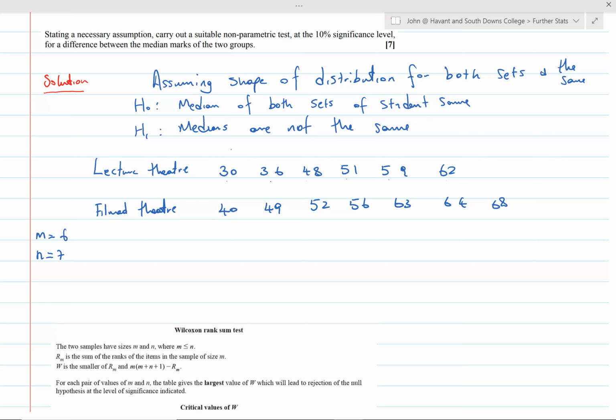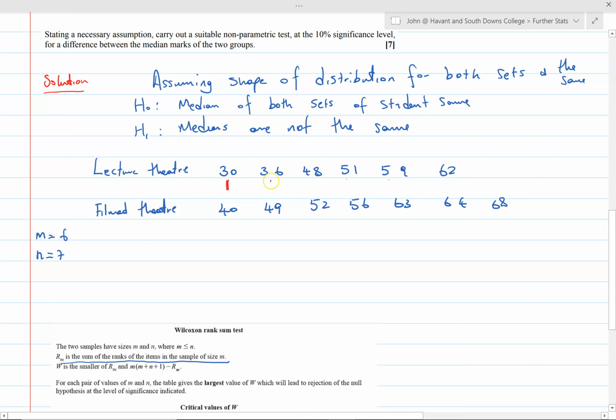So first thing we have to do, it says Rm is the sum of the ranks of the items in the sample size m. Right, so the way we do this, basically just rank, regardless of which set they're in, these in order from the smallest first. So this one is the smallest, 30.